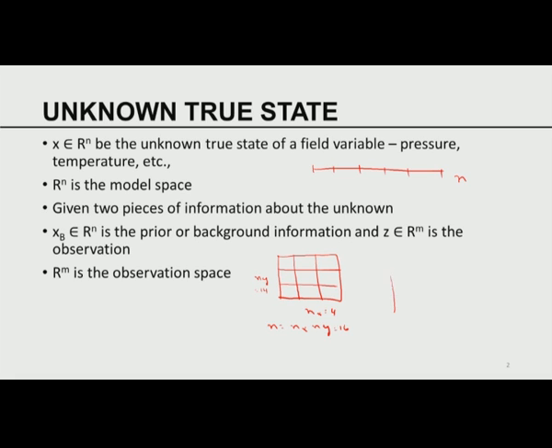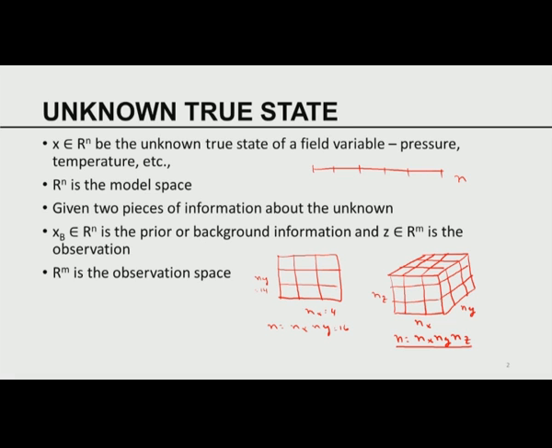In the case of 3D, I have a grid. So, this is nx, this is ny, this is nz, therefore, n is equal to nx times ny times nz.